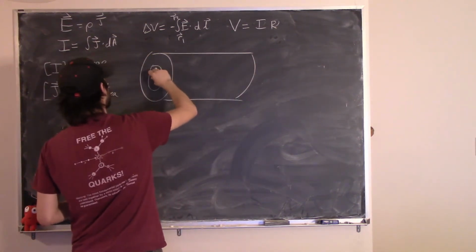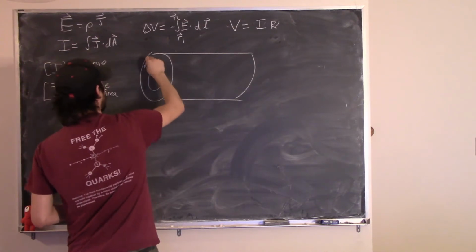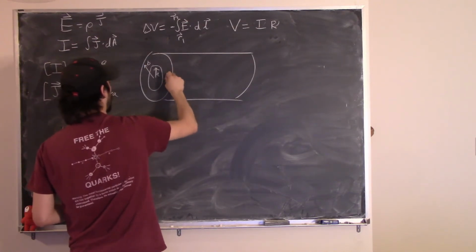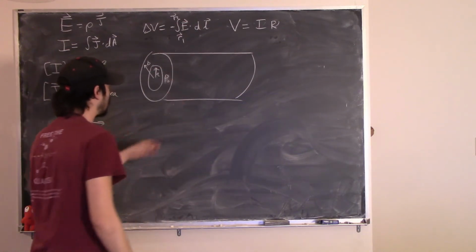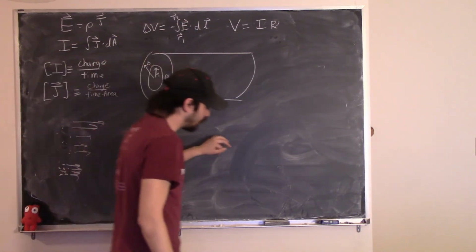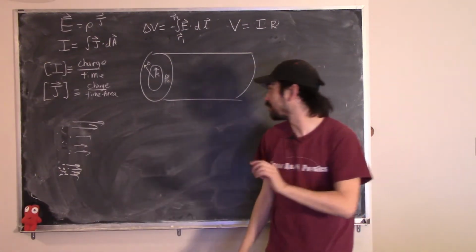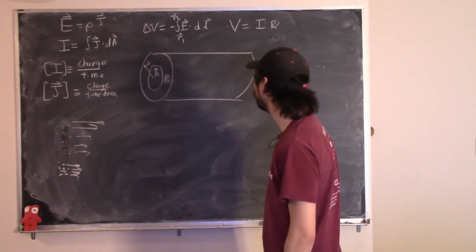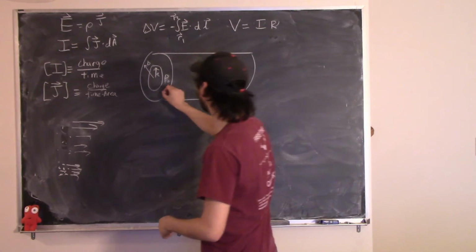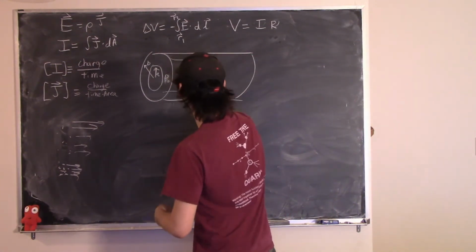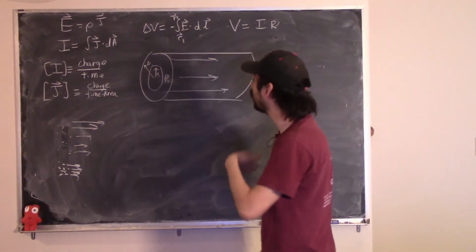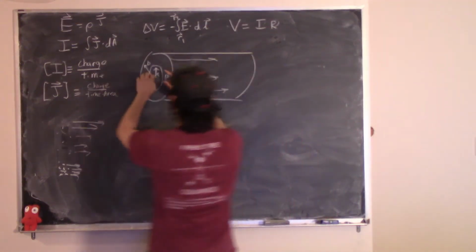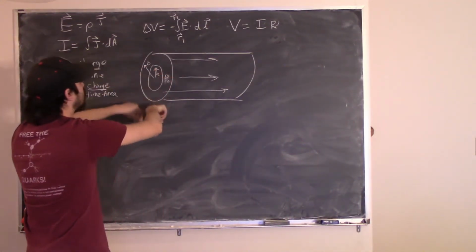So this is going to be some distance A, some distance B, and this is some constant resistivity, rho naught. And this was a two-part question. So the first part was to find what the resistance is if the current is going to flow from left to right. And then the second part was to find what the resistance is if instead of having it flow left to right, it's going to flow radially outward.